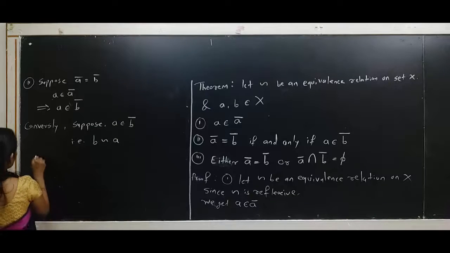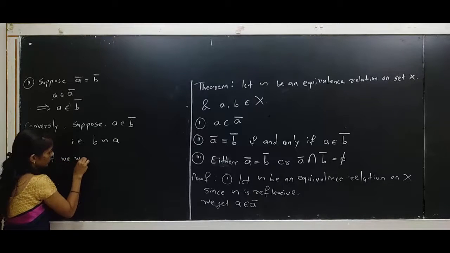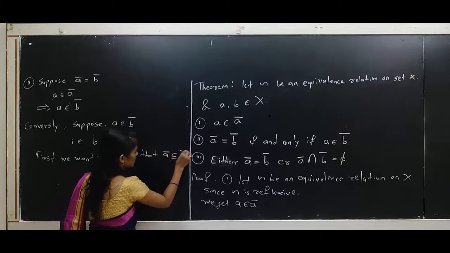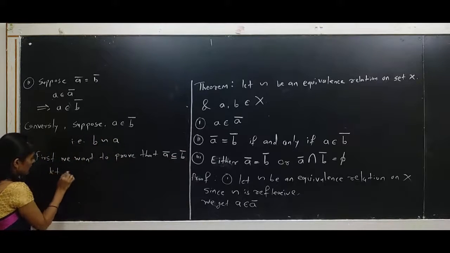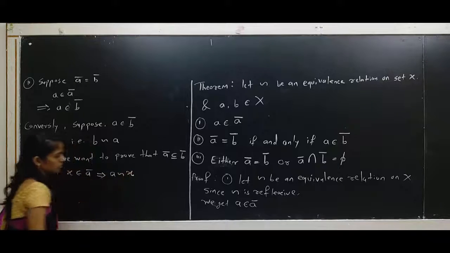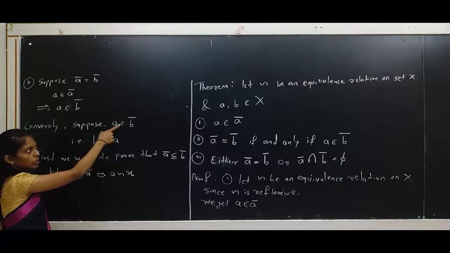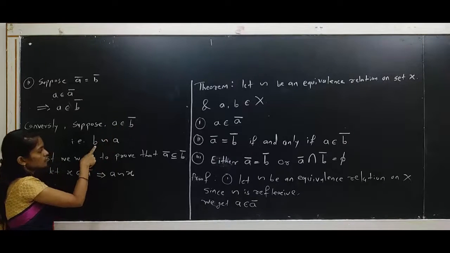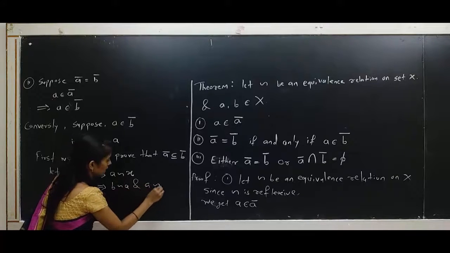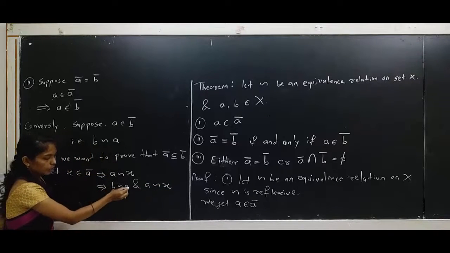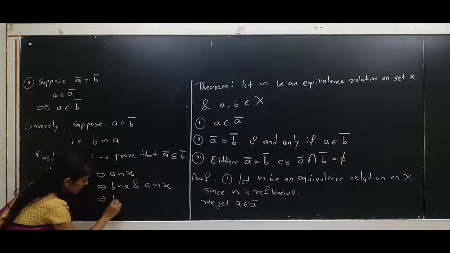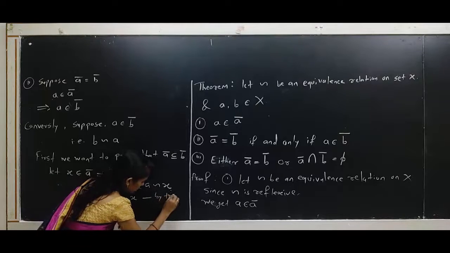Okay, so first we want to prove that equivalence class of A is subset of equivalence class of B. So let X belong to equivalence class of A, which implies A related to X. Here by using the given, we supposed that A belongs to B bar, that means B is related to A. So here B related to A and A related to X. So here we use transitive relation, that means B related to X by transitivity.